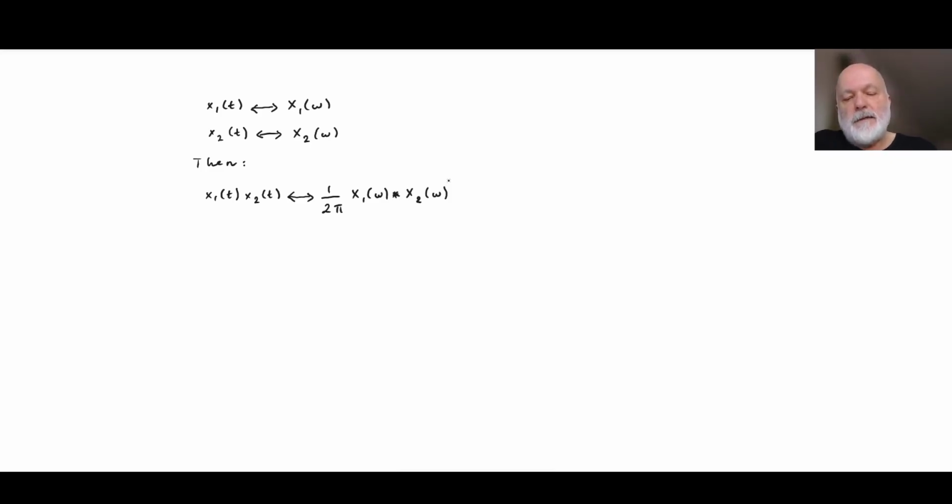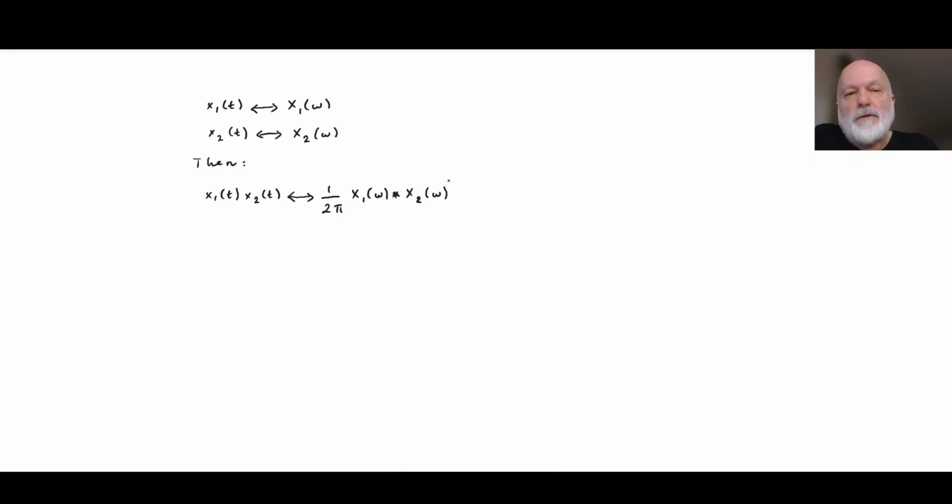So again, the multiplication operation in time domain corresponds to a convolution operation in frequency domain. We immediately note that this is related to the convolution property by duality.